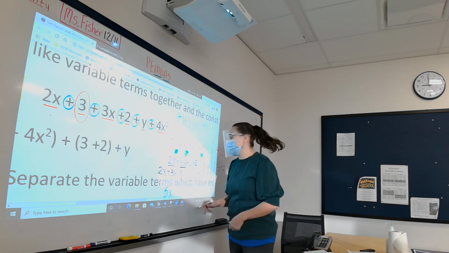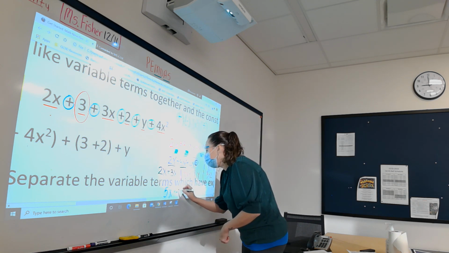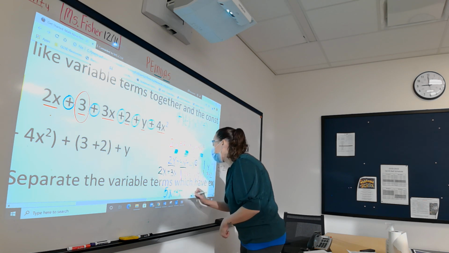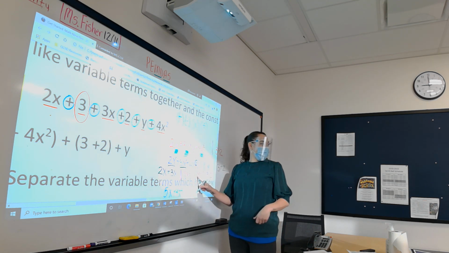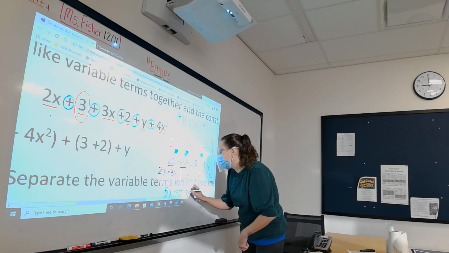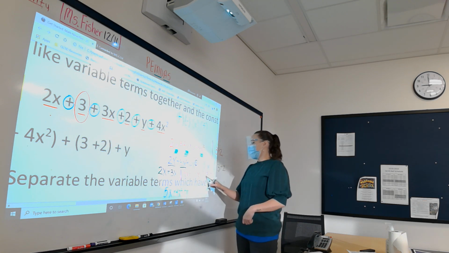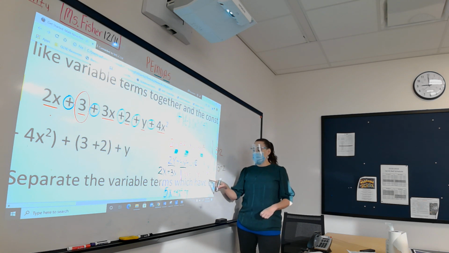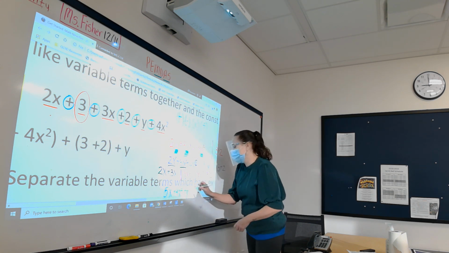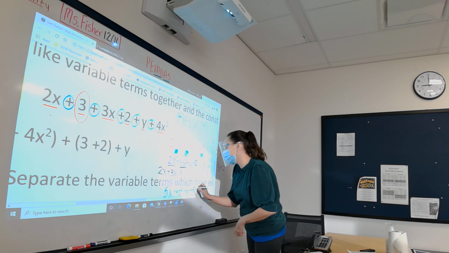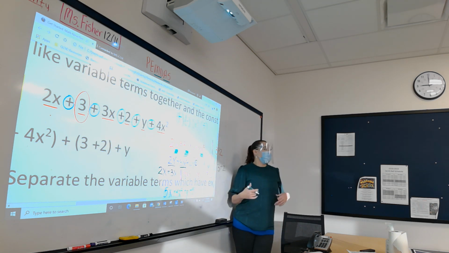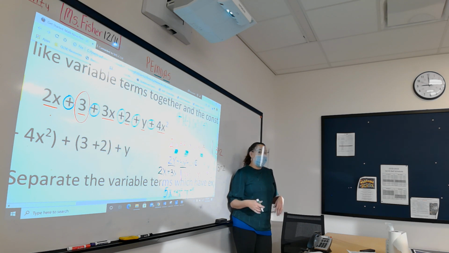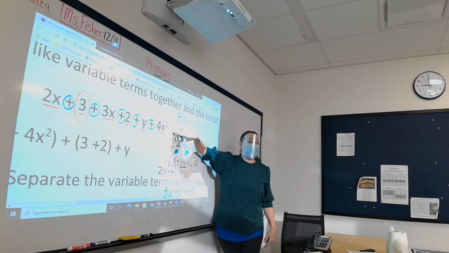There's no negative, so you're going to say plus 4x squared. That's a positive y, so again, you're going to say plus y. And now you combine these like terms. You're going to say 3 plus 2 is 5, plus 5. So now you have successfully combined all of your like terms, and you have successfully simplified this above equation.